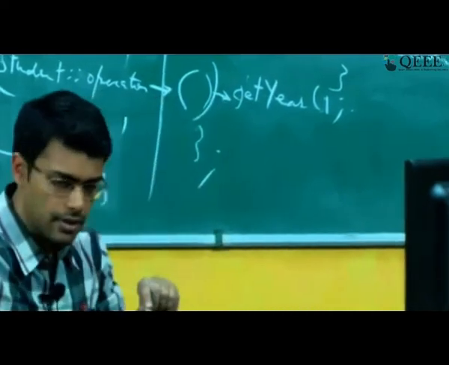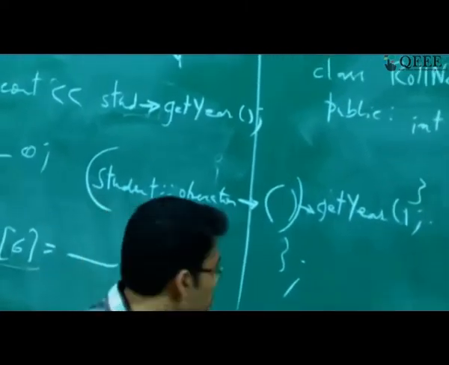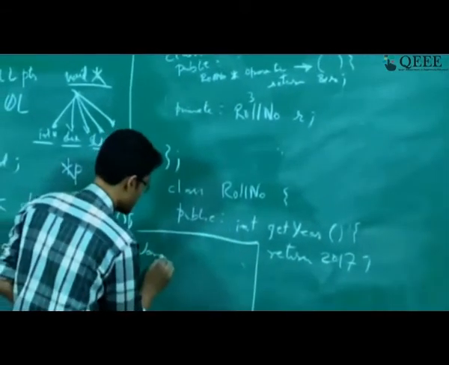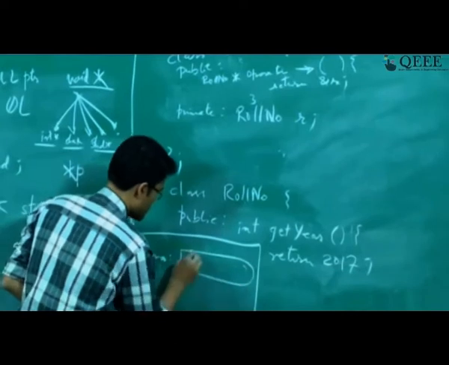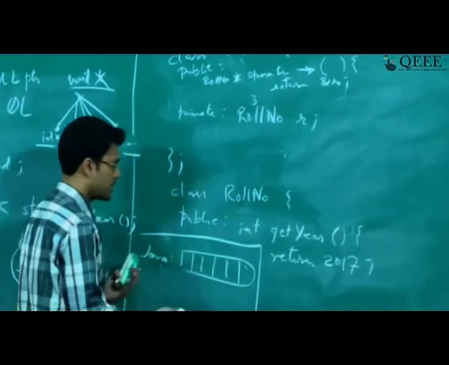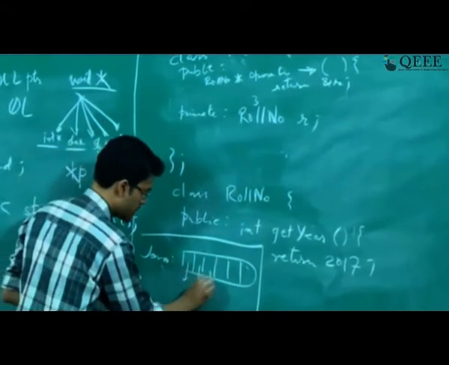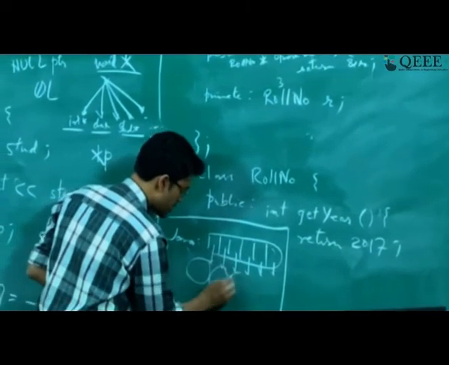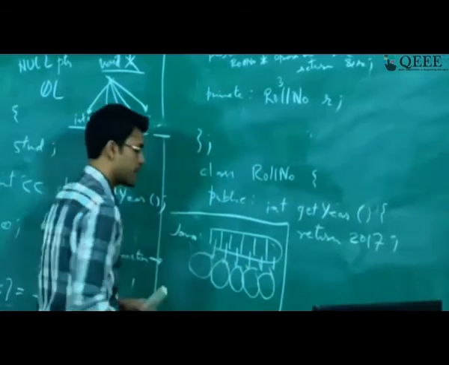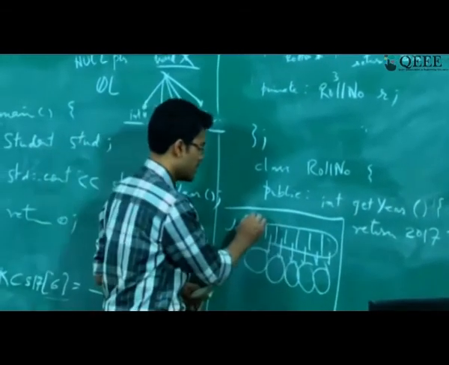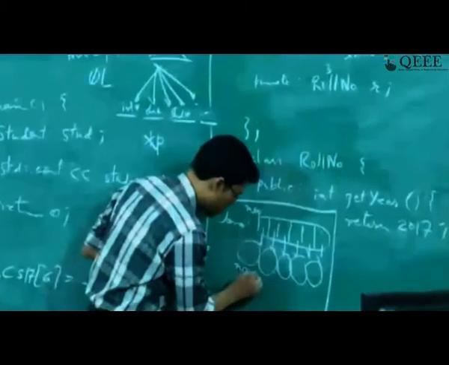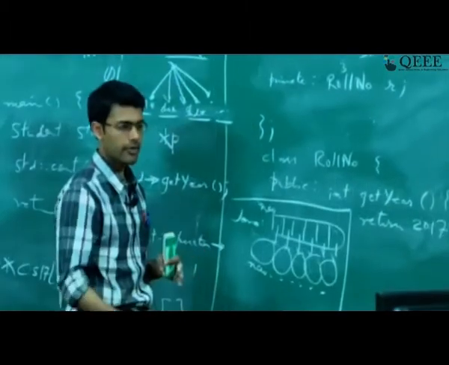Let me mention that briefly here. In Java, if you want to allocate this array, then each of these is a reference, and therefore that needs a separate allocation again. So there is a new required for the array, and then another new required for each of these. This is what the question is asking.